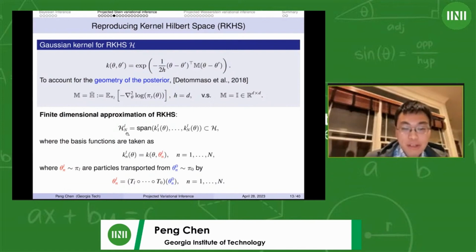Now this becomes our finite dimensional approximation of this space. In this function space, these theta n L are the particles transported from their original prior samples, step by step by these transport maps. So that's pretty much how we define this reproducing kernel Hilbert space and the kernel that we can pick.